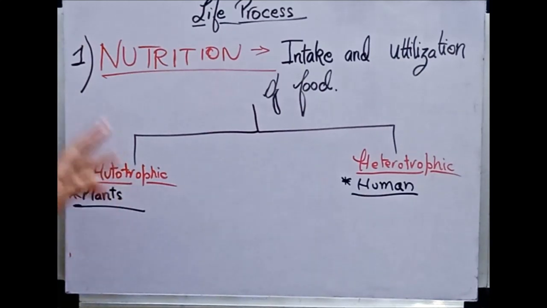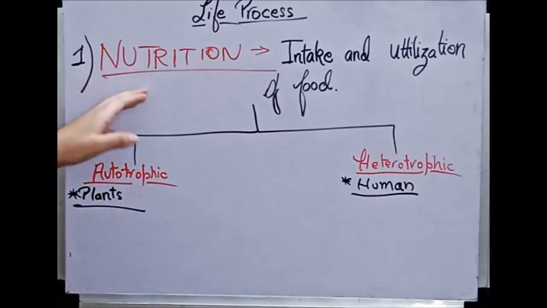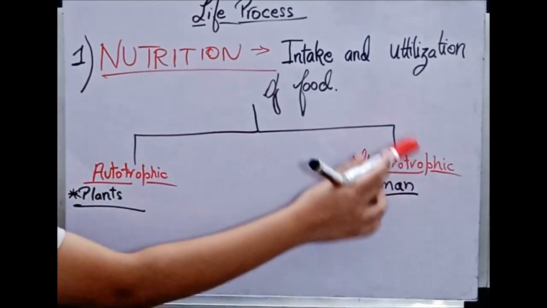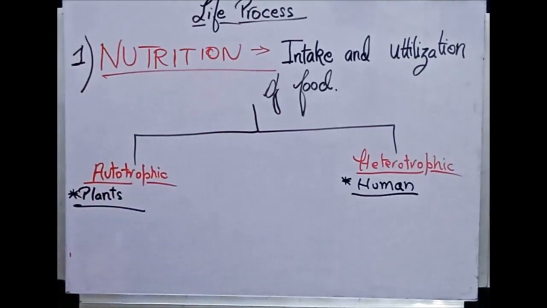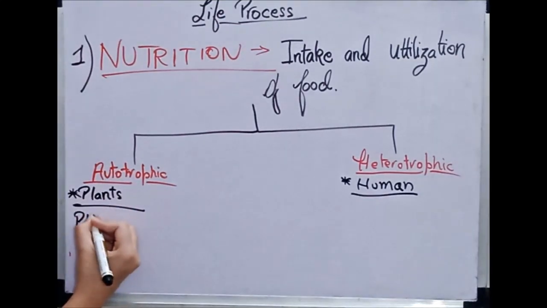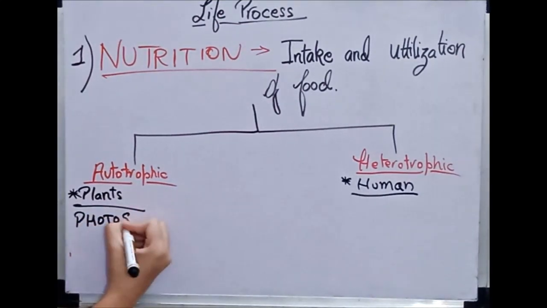Auto means self. Trophic means nourishment or nutrition. Same goes for hetero means other. Trophic means nutrition. Like in the sense of plants, plants make their own food by the process called photosynthesis.